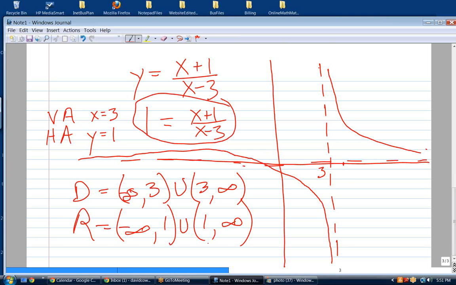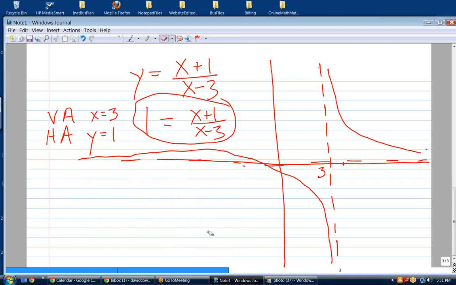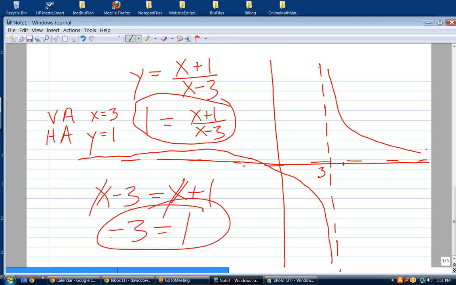Notice if you try to solve that, you get x minus 3 equals x plus 1. The x's cancel. You get minus 3 equals 1. That can't happen. So this thing can never cross that asymptote.